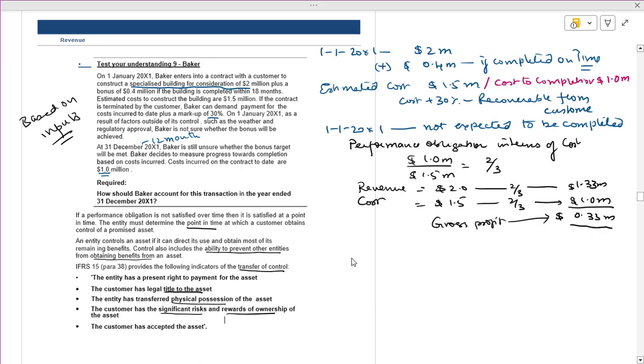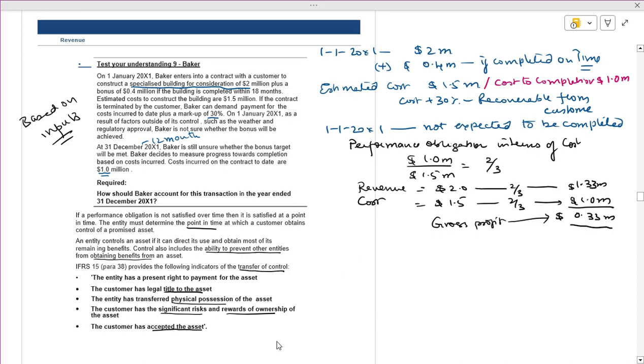When you have the right to payment, you have the legal title, you are the owner, you have taken possession of the asset, and you take the responsibility for significant risks and rewards of ownership. And the customer has accepted the asset.